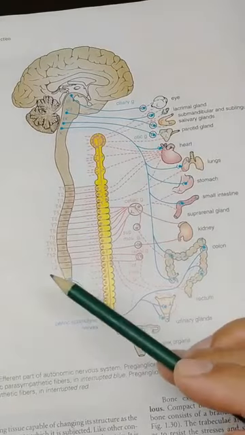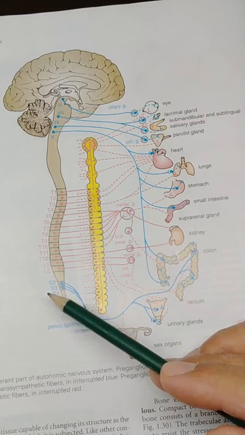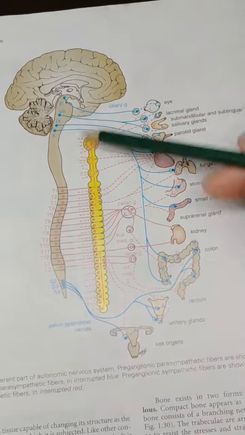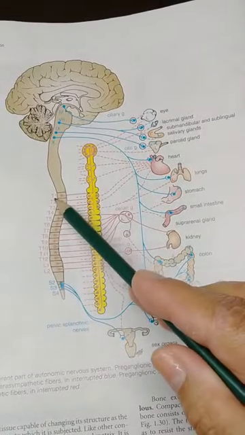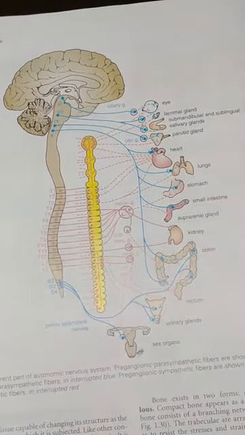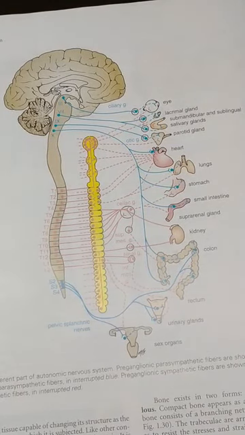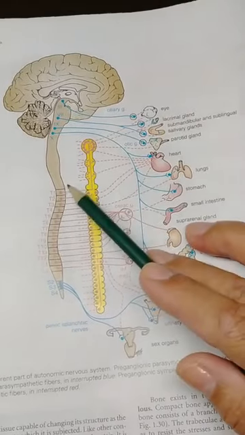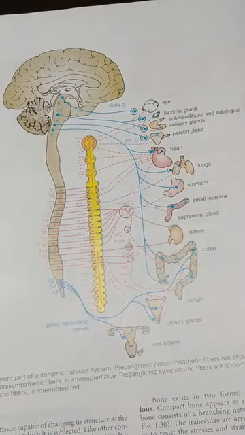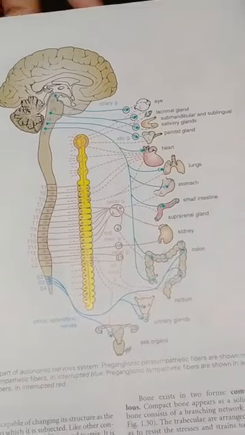Now, take note that the connector neurons in the lateral horn are not found in the entire length of the spinal cord, but only from T1 to L2. That is why the sympathetic nervous system is sometimes called the thoracolumbar outflow, because it is only found from T1 to L2.